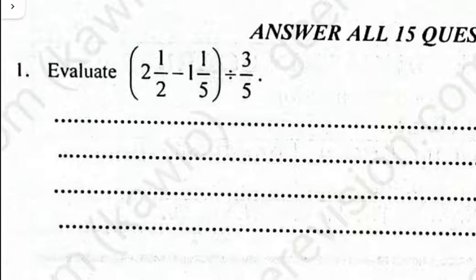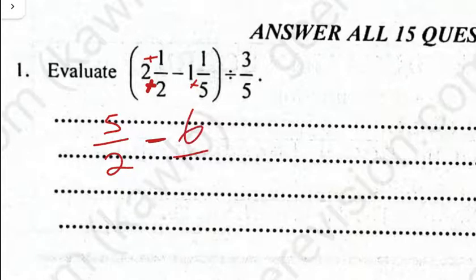To do this, we start by converting this mixed fraction 2 1/2 into an improper fraction. So this is going to be 2 times 2 plus 1. 2 times 2 is 4 plus 1, so we have 5 on 2, minus 1 times 5 is 5 plus 1, 6 on 5.